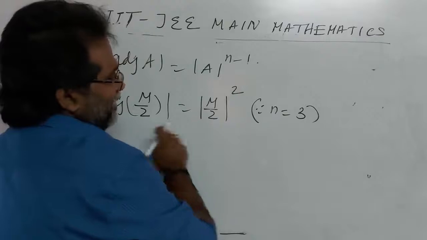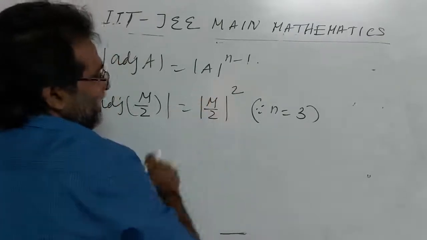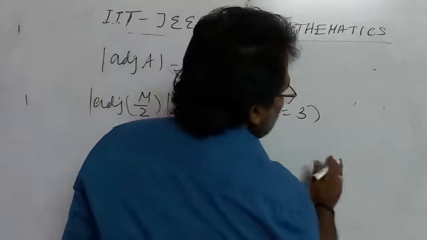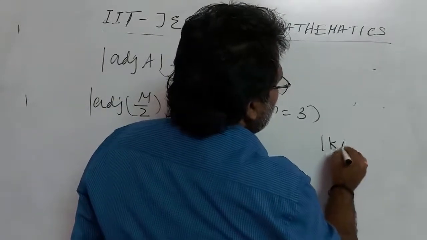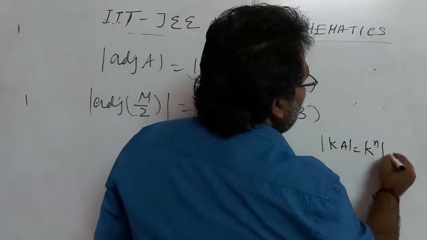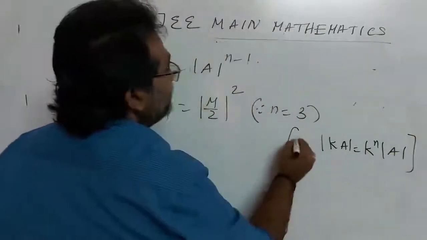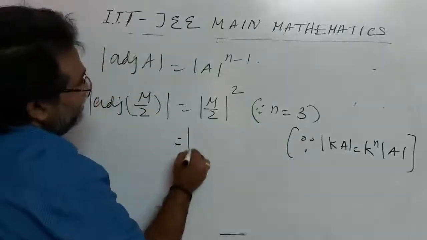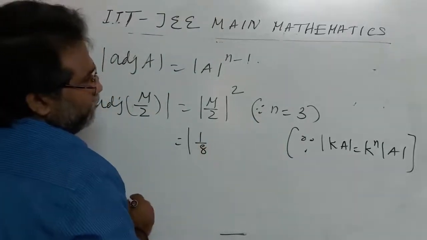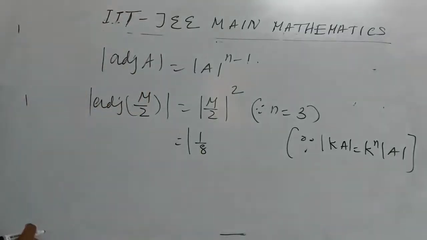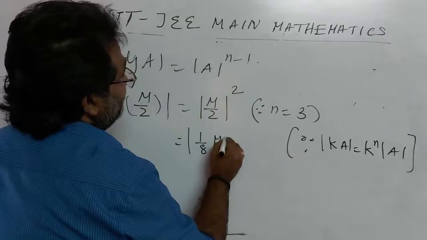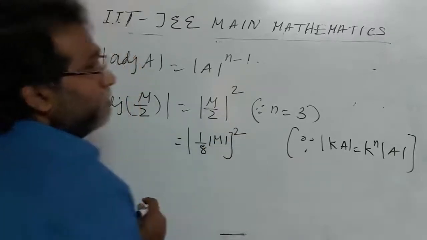That means 1 by 2 into M, the whole square. Here M is the matrix, 1 by 2 is a scalar. We have a result: determinant Ka equal to K power n into determinant A.